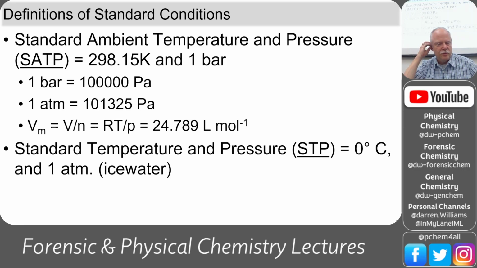And then standard temperature and pressure. This is STP. This is what we typically used in the freshman chemistry course, Chem 2. This is older, and because it's older, think about the ability to control the pressure and temperature of gases. They used ice water, and that's why this is at 0 C. It's very simple to take a balloon.